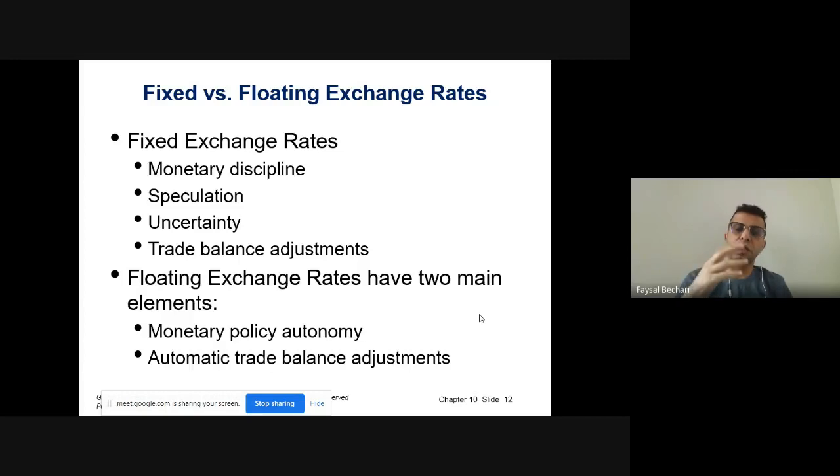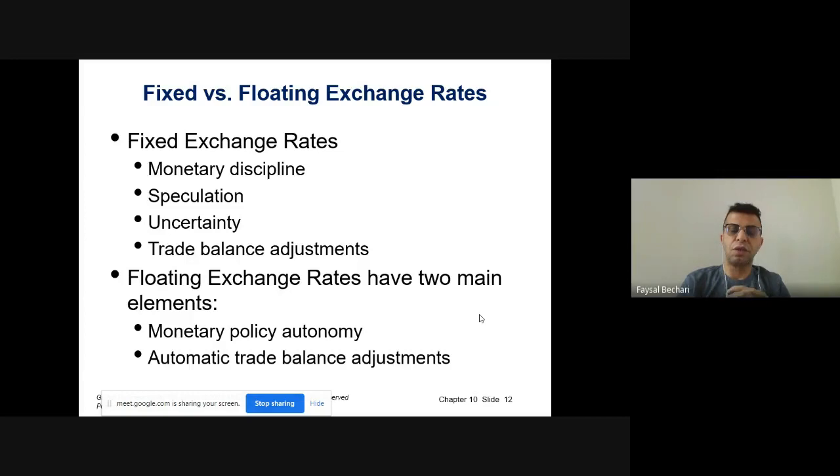So when, as we said, there is not much demand for their currency, they go and buy their currency. When there is a lot of demand, they produce more currency, so they keep it fixed. There's some speculation in it, so they watch whether it's going up and down. There are uncertainties because they might get a shortage in keeping it fixed.